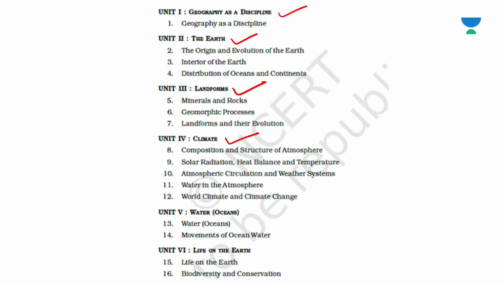We have discussed the Big Bang theory, then star formation, formation of planets, then our solar system.